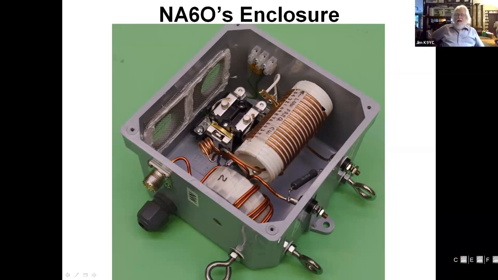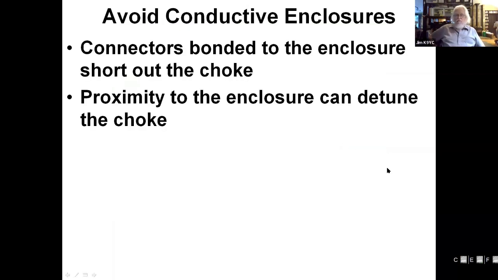And notice you've got a non-conductive enclosure. We want to avoid conductive enclosures. For one thing, connectors that are bonded to the enclosure will short out the choke, which is duh. Proximity to the enclosure can detune the choke.